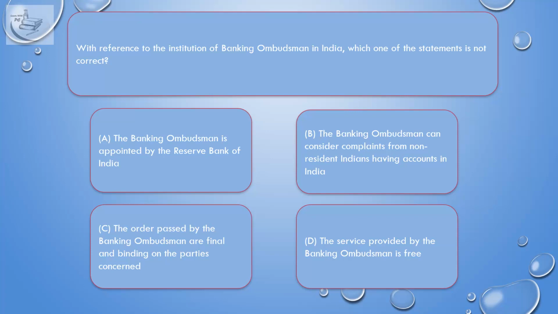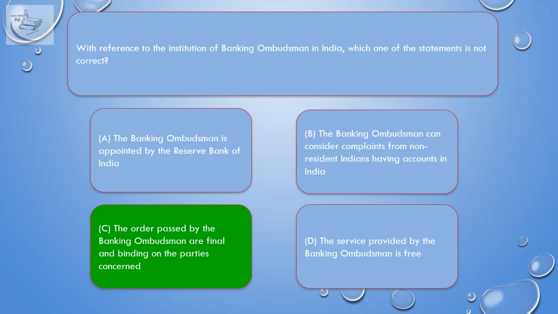C. The order passed by the Banking Ombudsman are final and binding on the parties concerned. D. The service provided by the Banking Ombudsman is free. Correct answer is C. The order passed by the Banking Ombudsman are final and binding on the parties concerned.